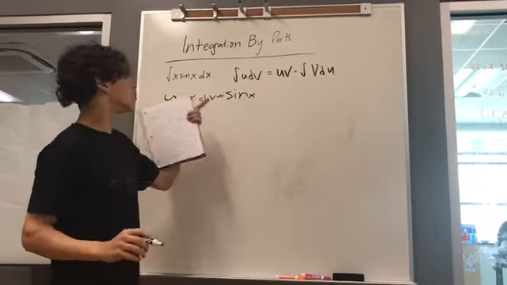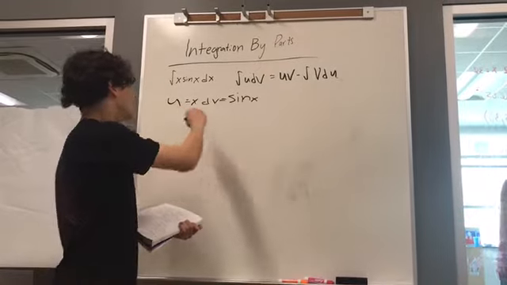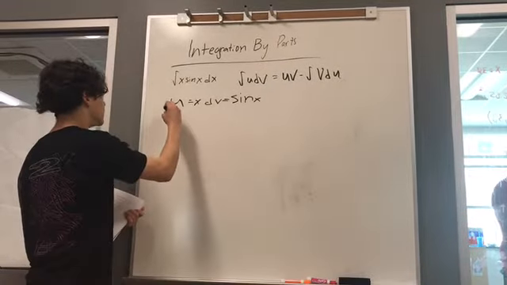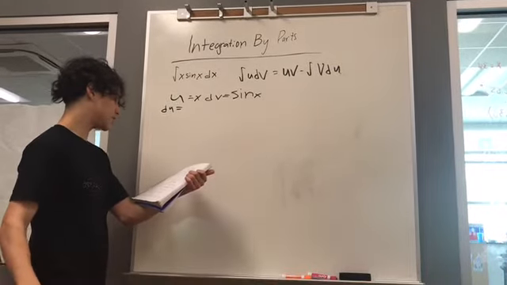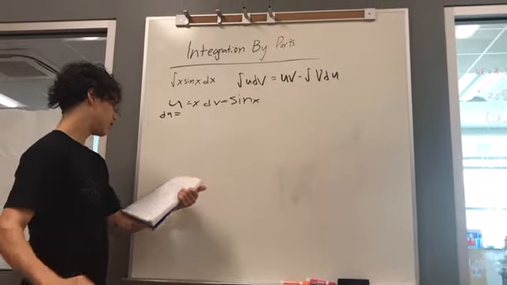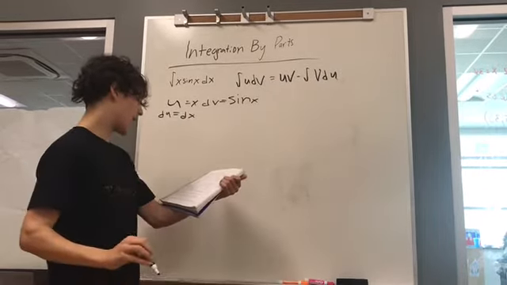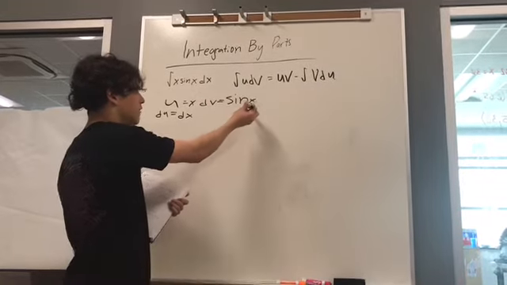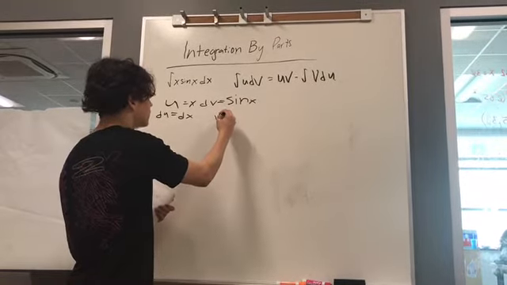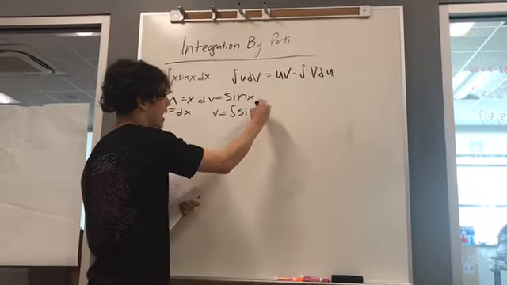That means we're going to have to figure out the v and the du. du just means derivative of u, so the derivative of x is going to be dx. We already have dv, so we need to figure out v. v is going to equal the integral of sine x.